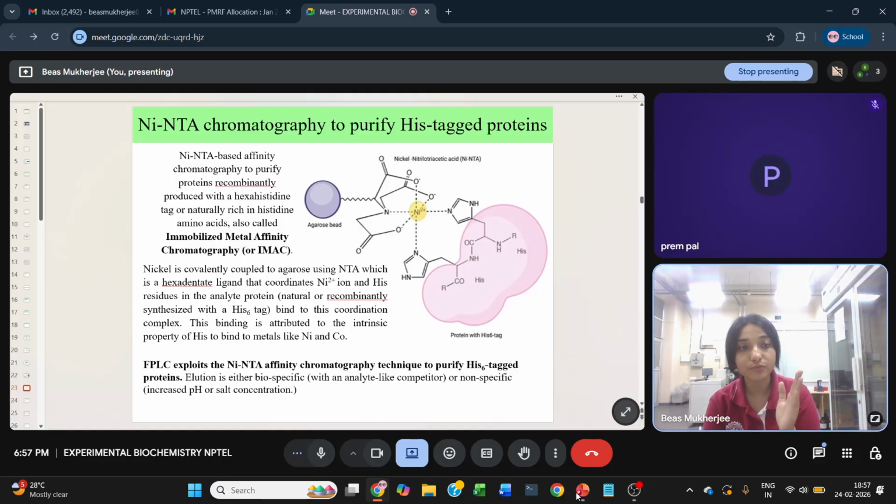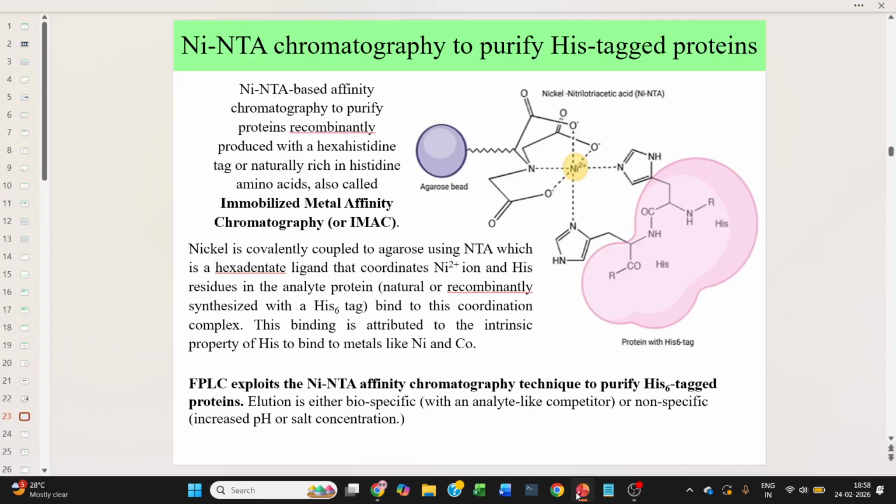FPLC, which is fast protein liquid chromatography, that is the full form of FPLC, which is an important question in your exams. This exploits this Ni-NTA affinity chromatography technique to purify the his tagged proteins. Okay, so elution is either biospecific, meaning with an analyte like a competitor. So I told you about imidazole, right? And or non-specific, for example, increasing pH or salt concentration.